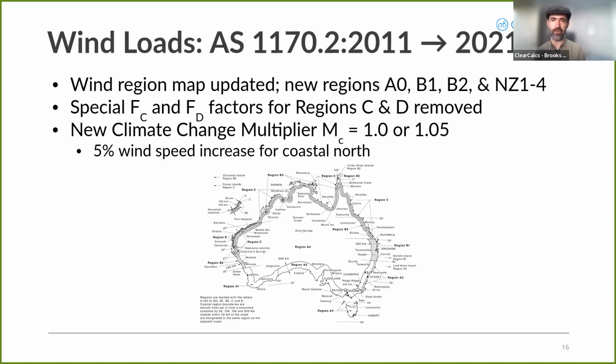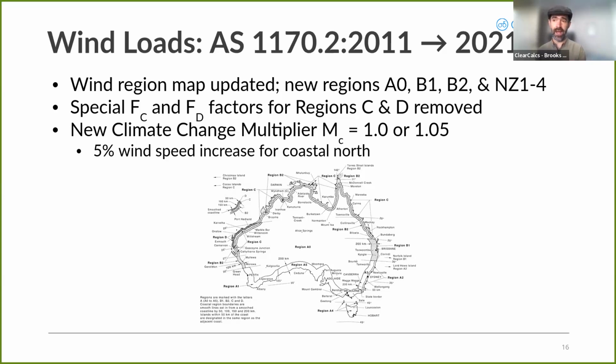Instead, you can now linearly interpolate between the wind speed for region C and the wind speed for region B2, which is the next region inwards, based upon how close you are to the coastline. There are some specific rules about how exactly you do that and what distance to the coastline exactly means. Refer to the standard for that. But yeah, region C and D wind speeds have been changed, no longer have those factors.